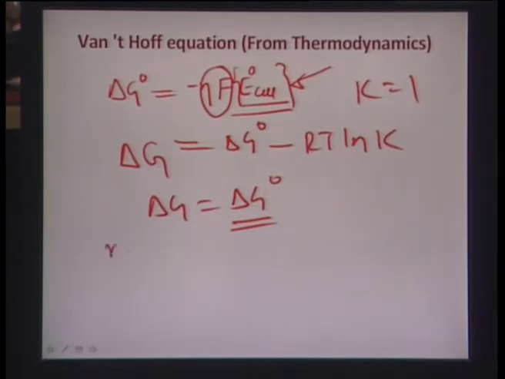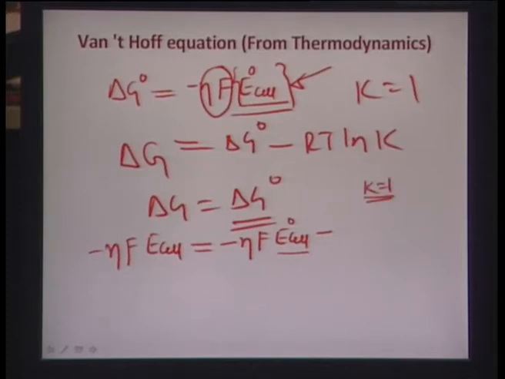So, delta G is again minus nF E cell from the earlier derivation, and it is equated to minus nF E0 cell, that means the corresponding potential when the reactants are all 1 molar in concentration. K, mind you, comes equal to 1, and one of the cases is when all these different activities that we have been considering of A, B, S and T come out to be unity.